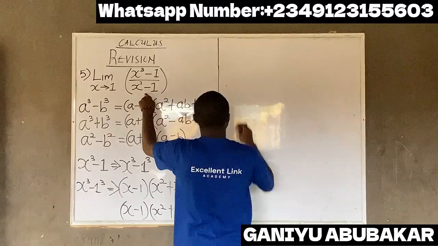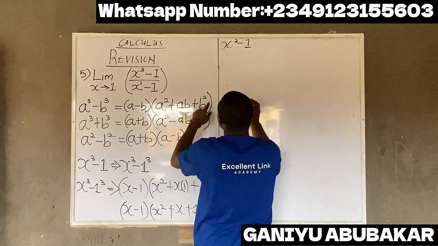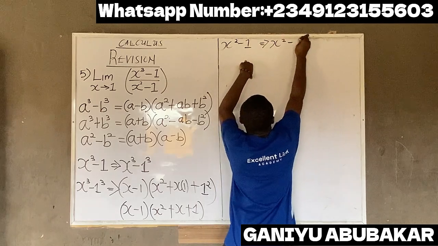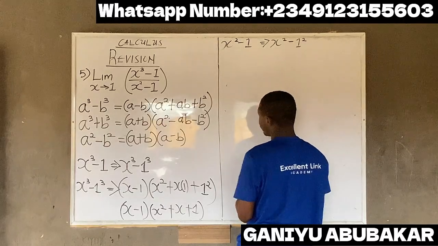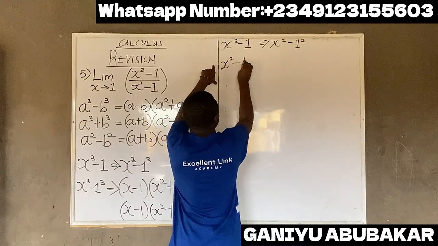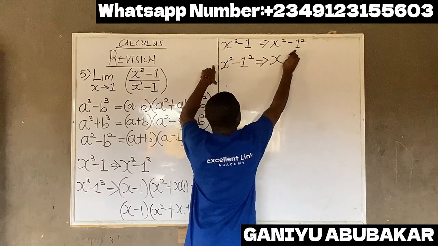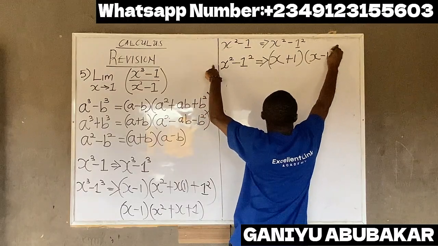For this one here, I have x squared minus 1. I can write this as x squared minus 1 squared, because 1 squared still gives you 1. In other words, x squared minus 1 squared can be written as x plus 1 into x minus 1.